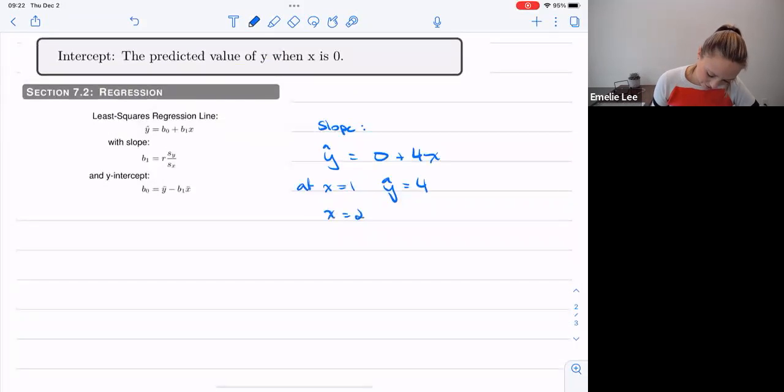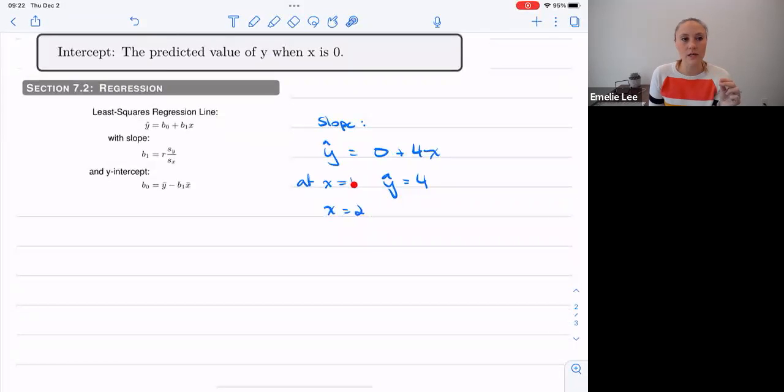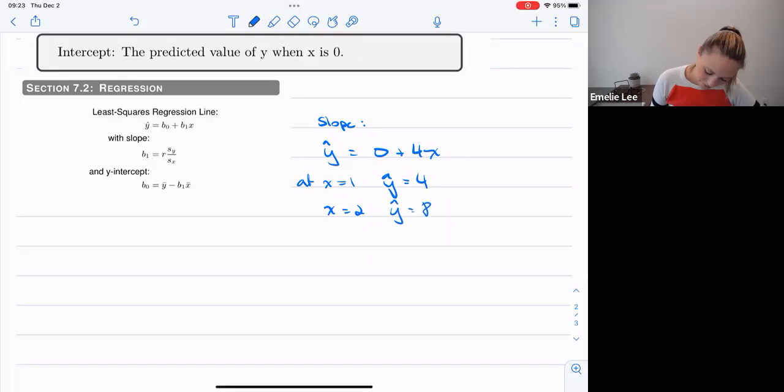So then for each unit increase in x, if I make a unit increase in x to 2, then what do I get? Then I get 4 times 2 as my predicted value of y. So y hat would be 8, right? So this is a 4-unit increase, and this is a 1-unit increase.